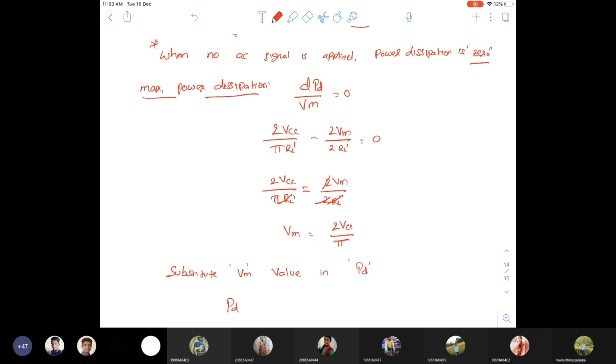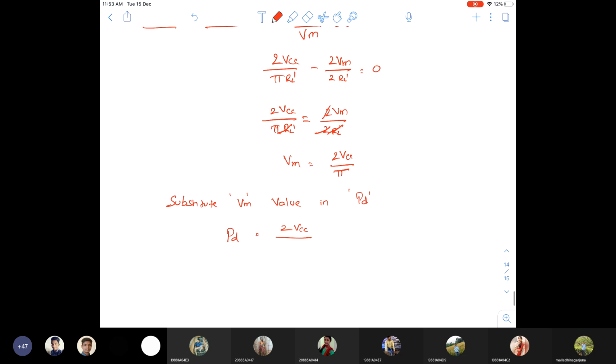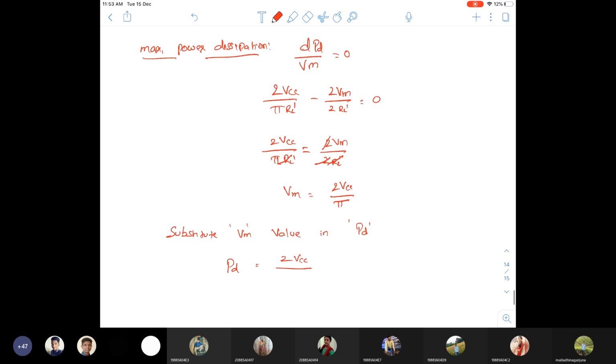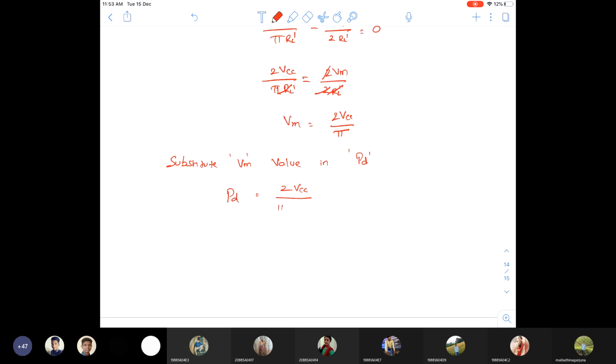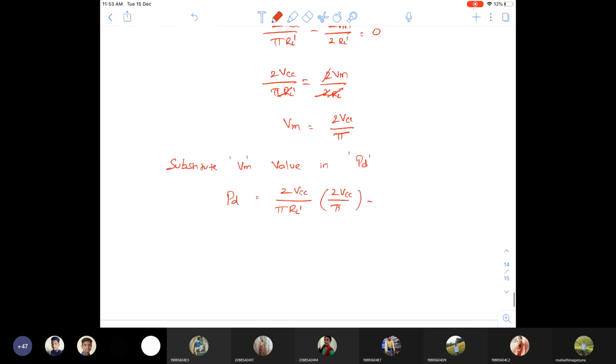So PD equal to 2 VCC by pi RL dash into 2 VCC, minus Vm square, that is minus 1 by 2 RL dash into 2 VCC by pi whole square.